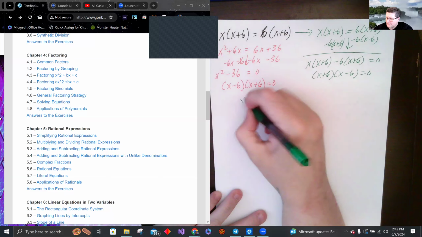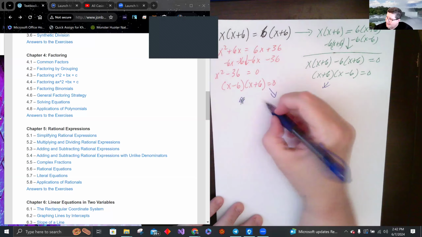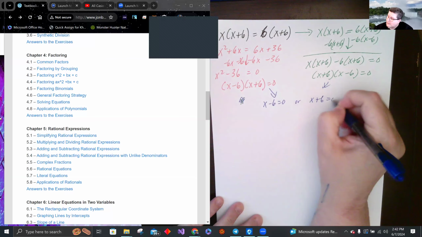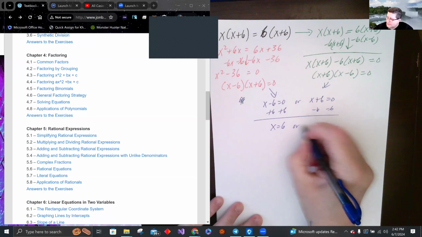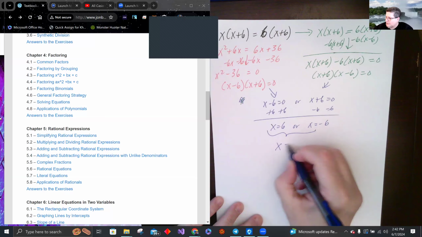Either way, when you solve this in either version, you're going to have x minus 6 equals 0 or x plus 6 equals 0. And I get x equals 6 or x equals negative 6. Together, that makes x equals plus or minus 6.